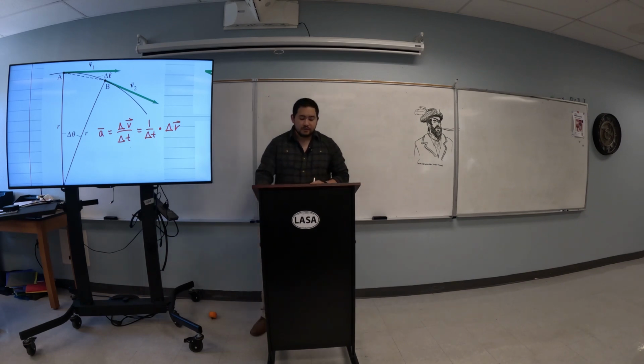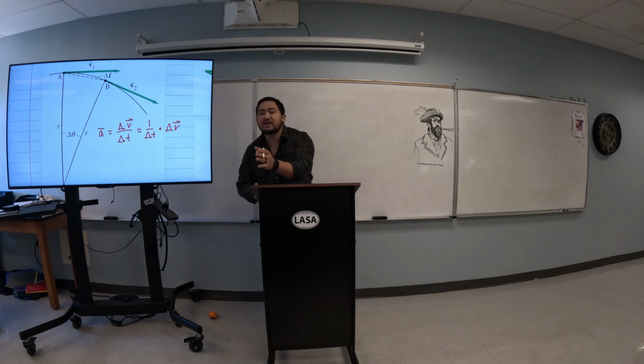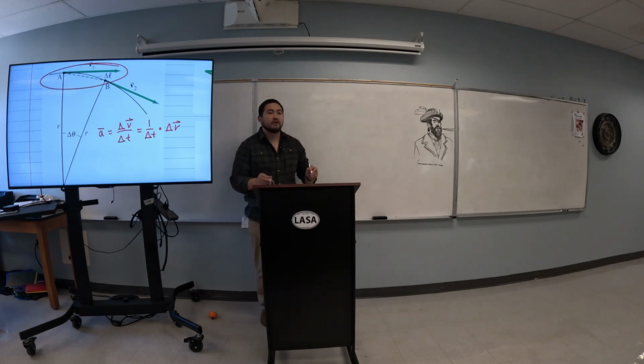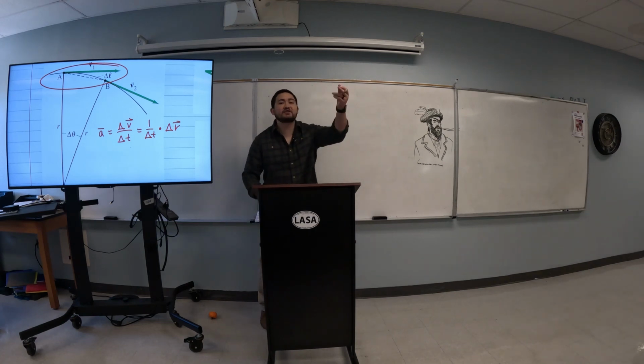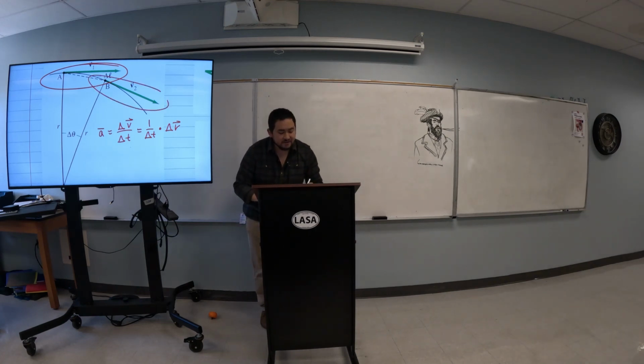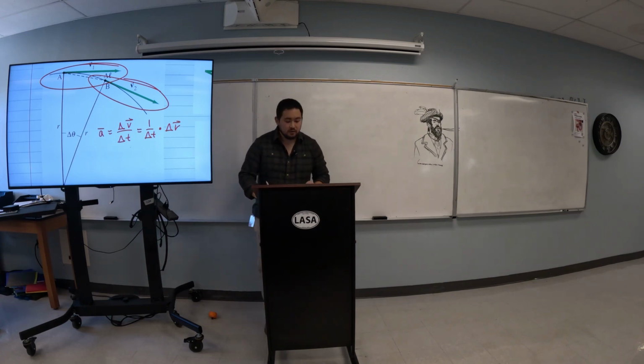That's really fun because now all I need to do is find the direction of my change in velocity. I can take my first velocity vector and find the difference between my first velocity vector and my second velocity vector. This is just vector subtraction graphically, okay?